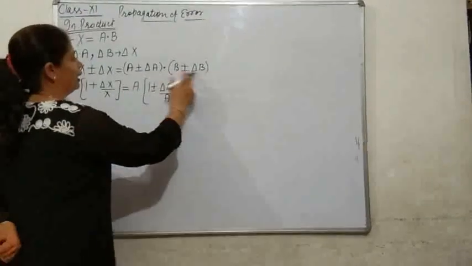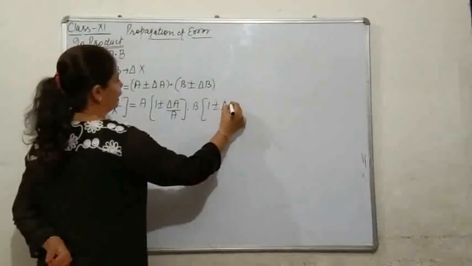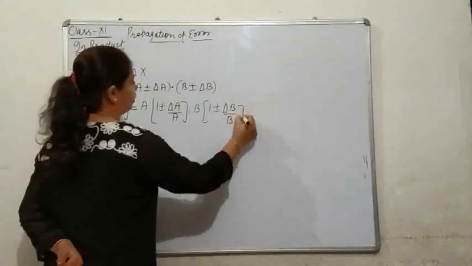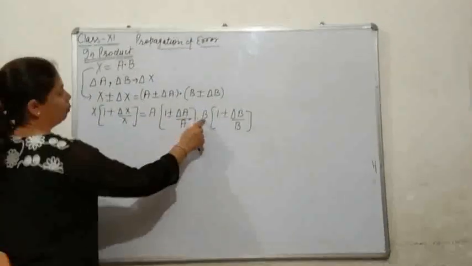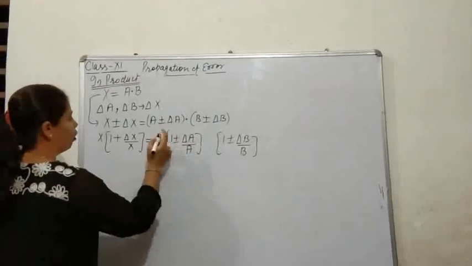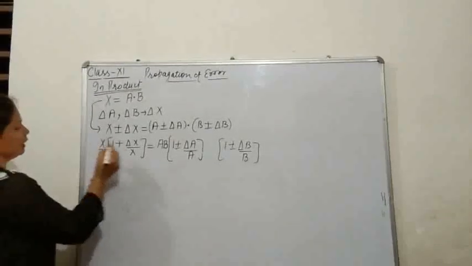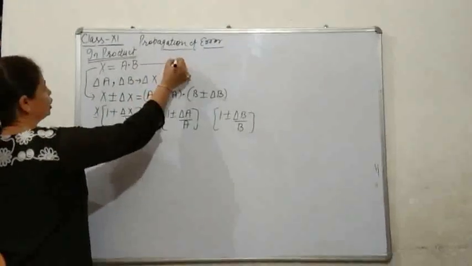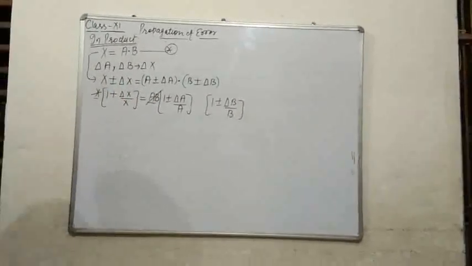In the next step, taking b common out, 1 plus minus delta b upon b. Clear? Now a into b, that will be equal to ab. In the next step you can write here in the form of ab. Clear? As x is equal to ab from star equation, so it can be cancelled out here, x cancel with ab. Now what will be the result?